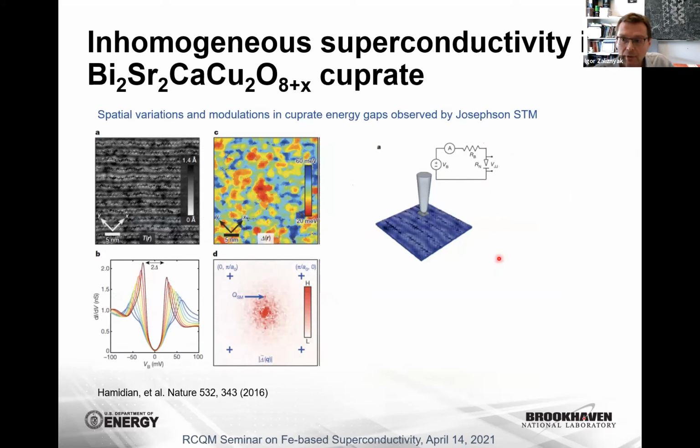In fact, I want to mention that earlier, very similar, in my view, electronic inhomogeneity of the superconducting state was observed in BSCCO cuprate superconductor by the same Josephson STM. So this panel C shows the variation of the superconducting gap as measured by Josephson STM on the surface of the BSCCO sample.